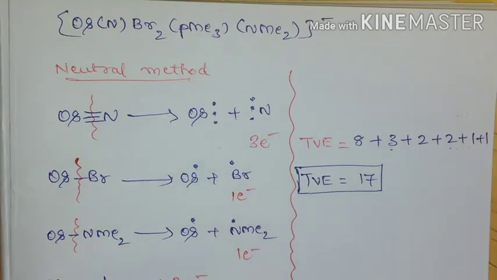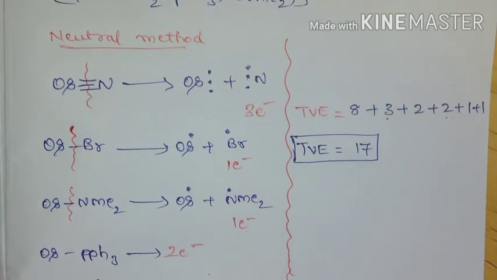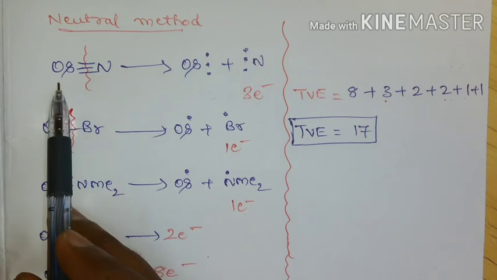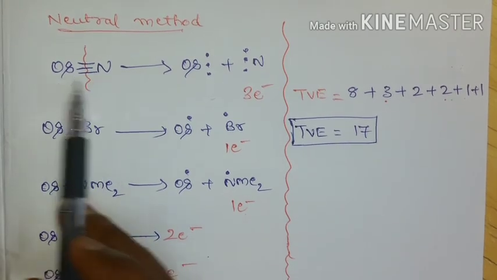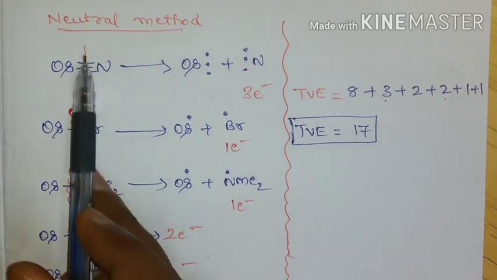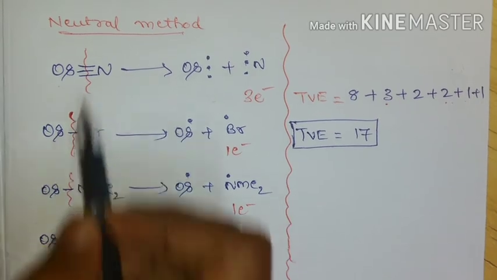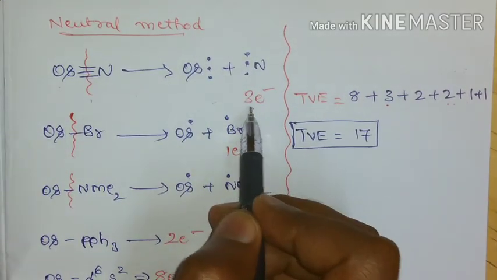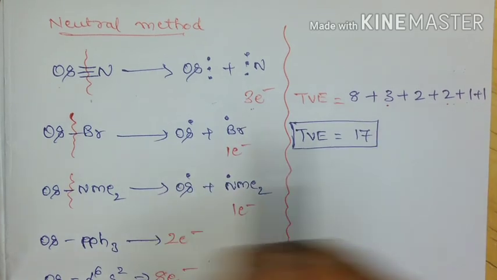Last complex, the osmium complex, osmium N, Br2, PMe3, NMe2 minus. So if you come from the neutral method of finding total valence electrons, here osmium and nitrogen are bonded through a triple bond. So if I do homolytic cleavage, nitrogen is going to contribute 3 electrons.